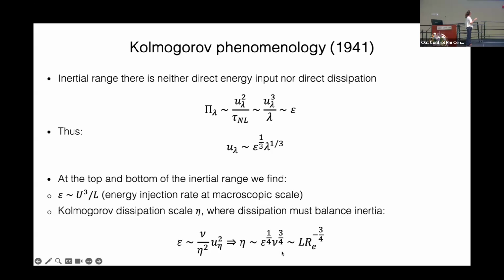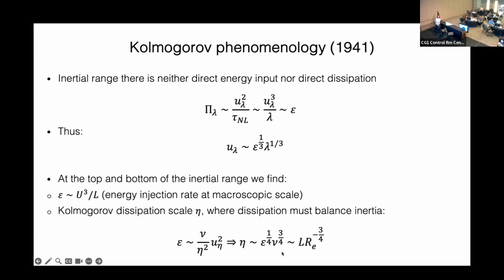Now, if we apply this concept of scale invariance of the energy transfer rate at the top of our turbulent cascade, we get an expression for epsilon in terms of macroscopic quantities. So epsilon is the energy injection rate. If we apply this at the bottom of our turbulent cascade, we balance dissipation with epsilon, and then we find the scale eta. I apologize for the abuse of notation: eta here is not the magnetic diffusivity. It's a scale that happens for historical reasons to be called eta.